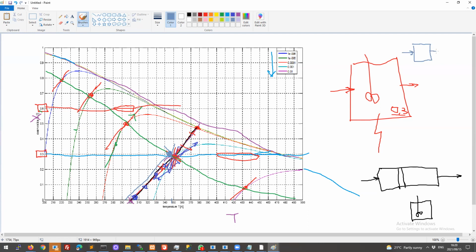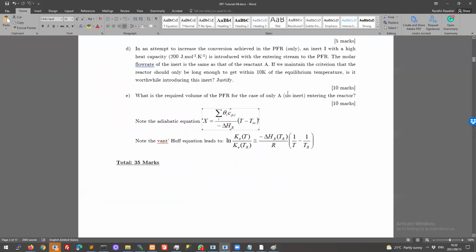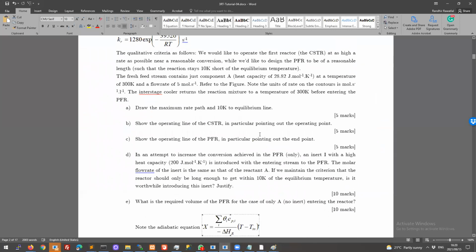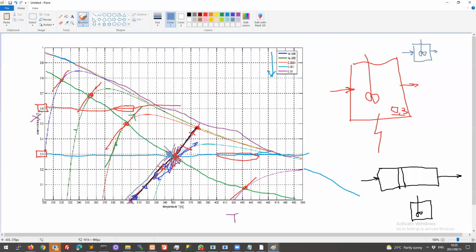So there's my CSTR. But let's say the problem was saying we want to achieve 0.7. So we want to get all the way up there. Now, clearly, although this is a nice design, making good use of the space, it's never going to get us to 0.7.